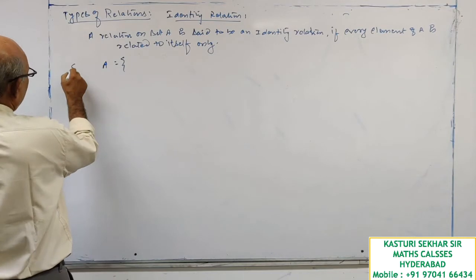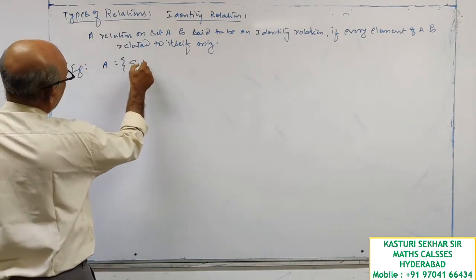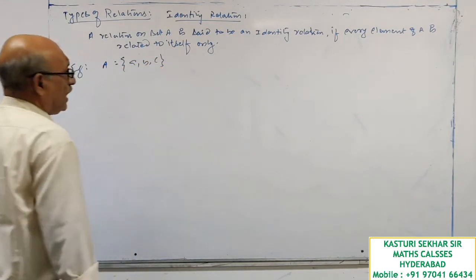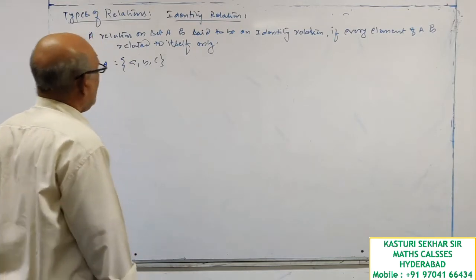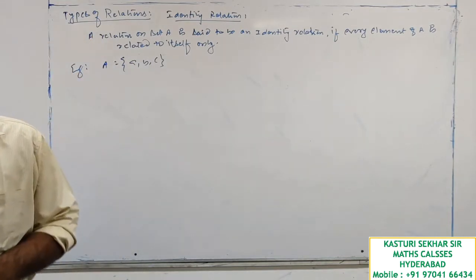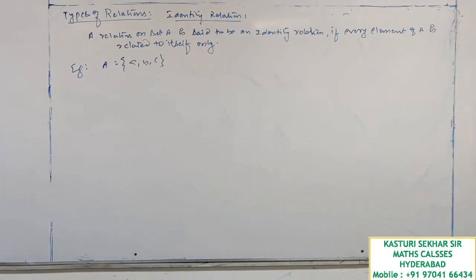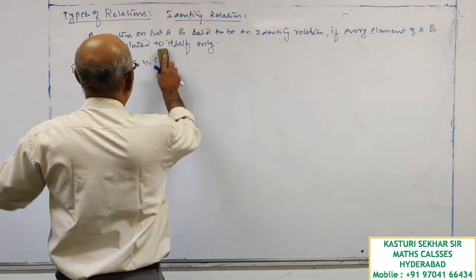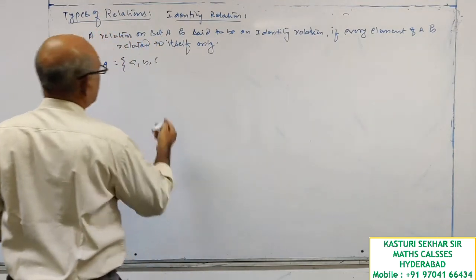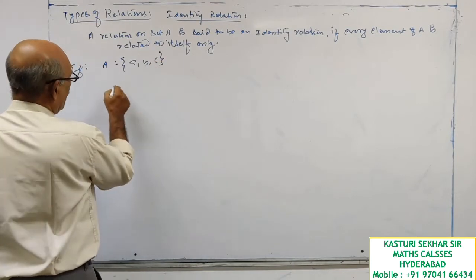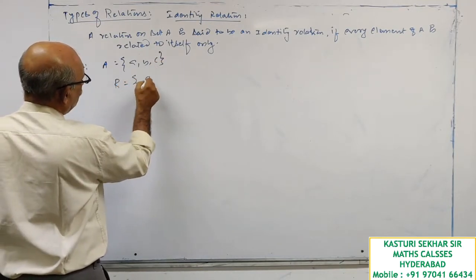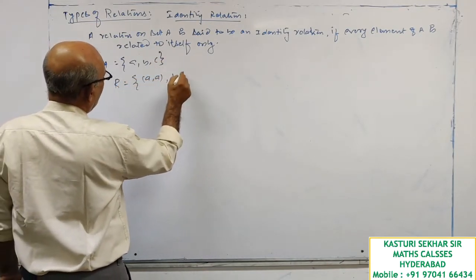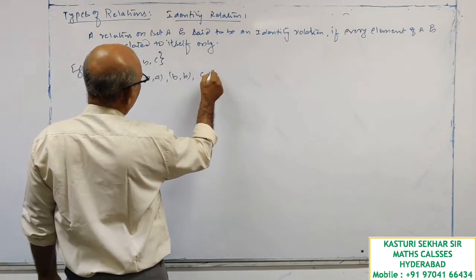For example, if I take a set A as {A, B, C}, this is having 3 elements. Now let us define a relation this way: (A, A), (B, B), (C, C).